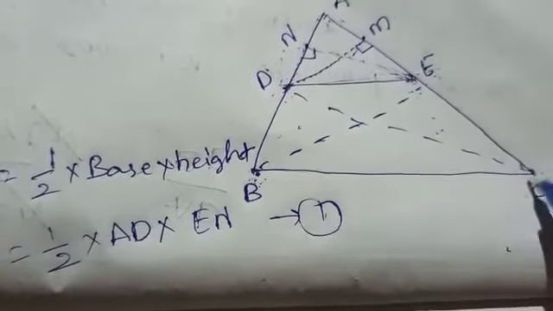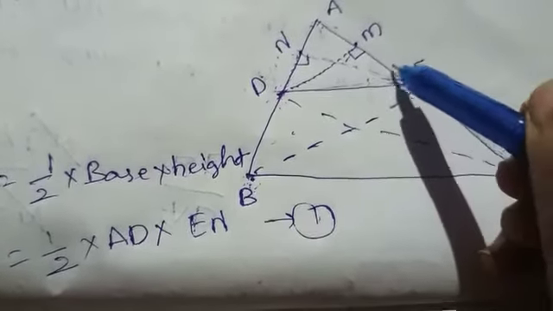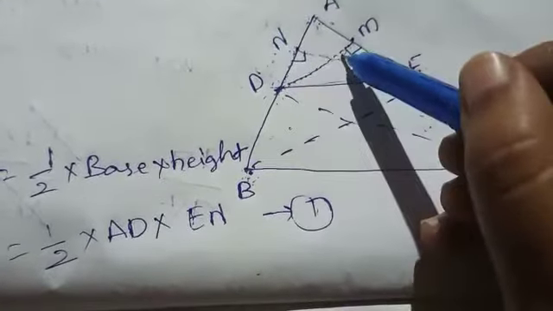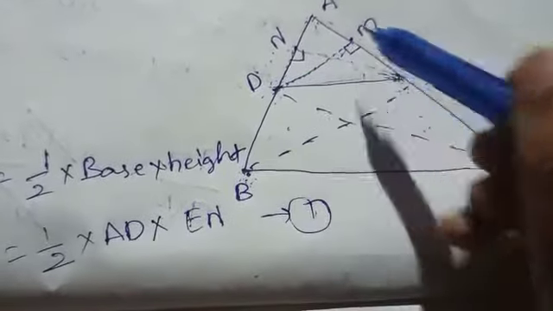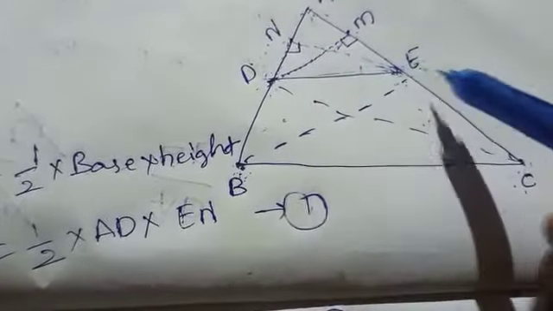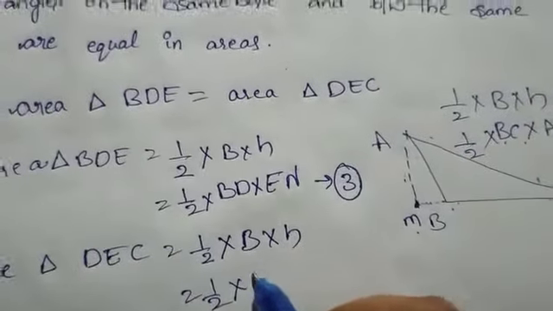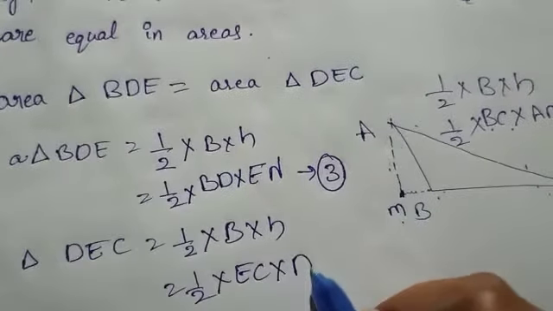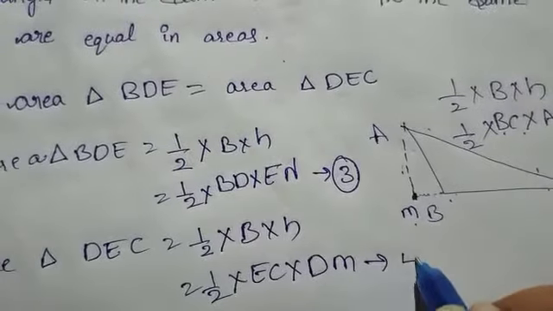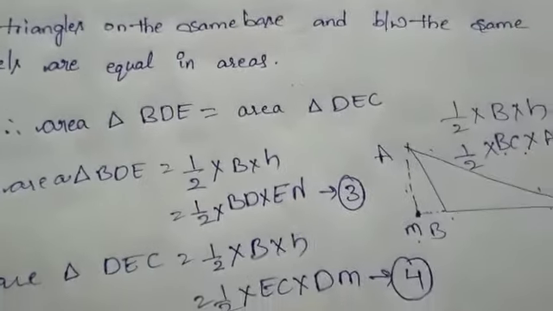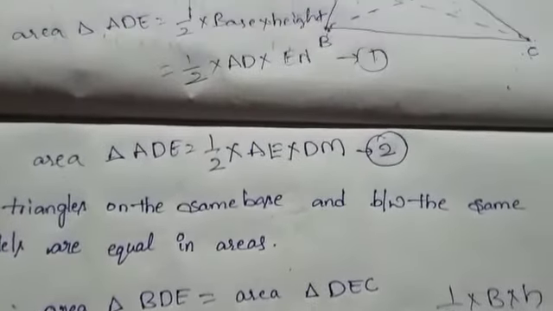EC is the base, and extend the base, draw a perpendicular on base. Okay, DM is the height of the triangle DEC. Half into EC into DM. This is the equation 4. Okay, here we have 4 equations.